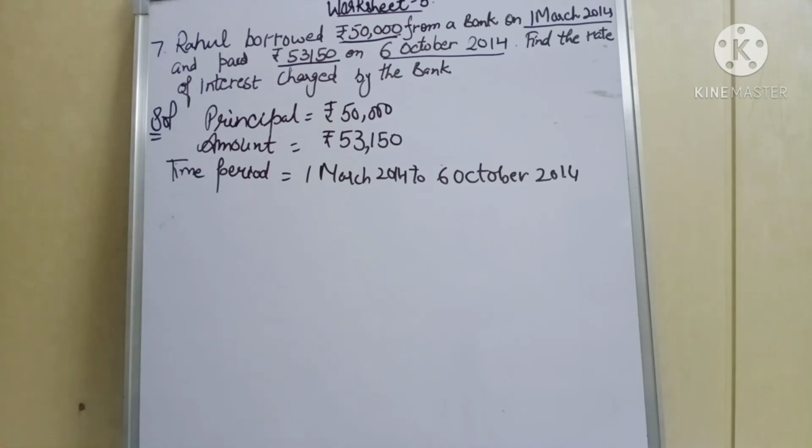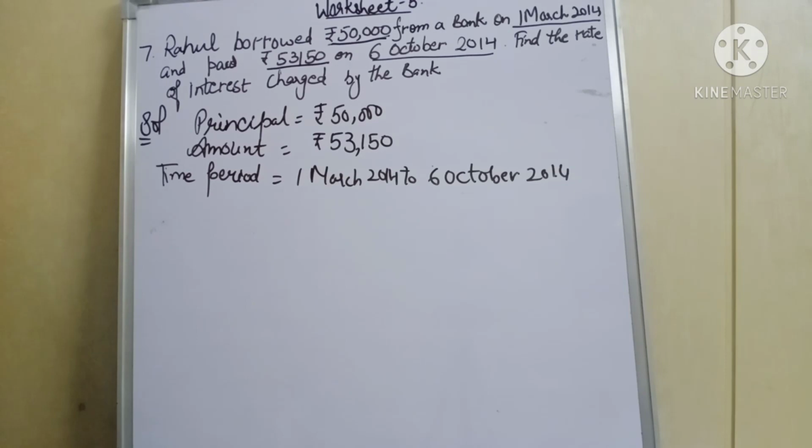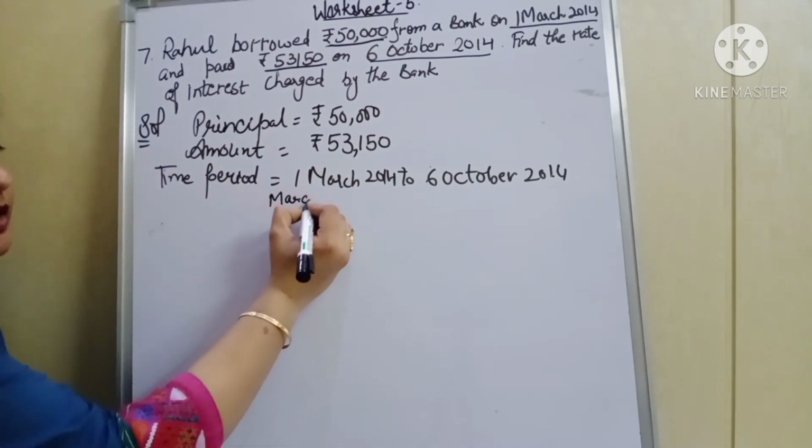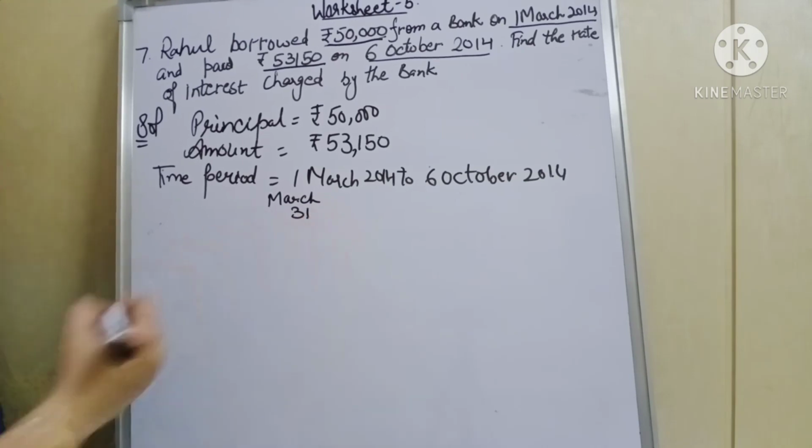Now, how can we calculate the number of years? Let us calculate the number of days first. We know the number of days in the month of March is 31.